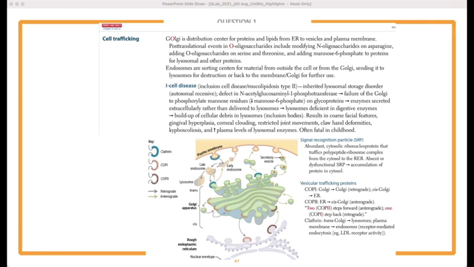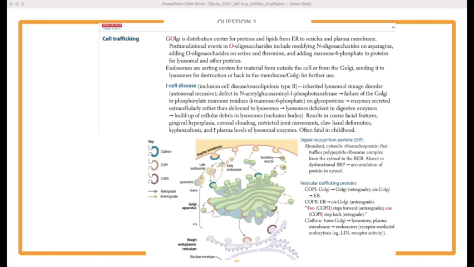trafficking, okay? So if you look at this I-cell disease, you can see it has a defect in that specific enzyme. Right in the middle there, it talks about a defect in that N-acetylglucosamine phosphotransferase. So basically what's happening is the Golgi is not phosphorylating certain things. It is not phosphorylating mannose residues on glycoproteins, okay? Those enzymes get secreted outside the cell as a result, instead of going to the lysosomes.